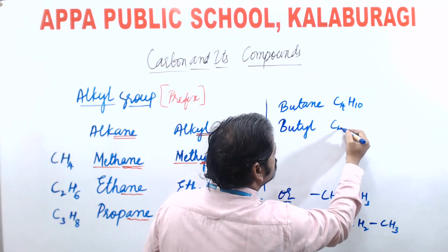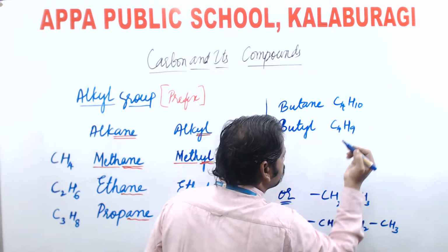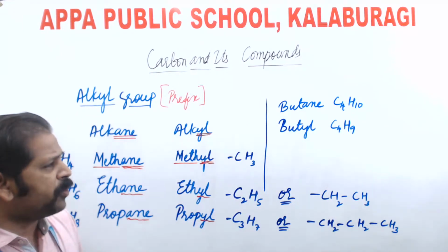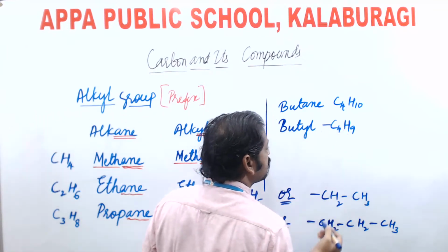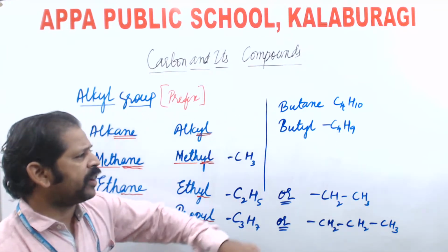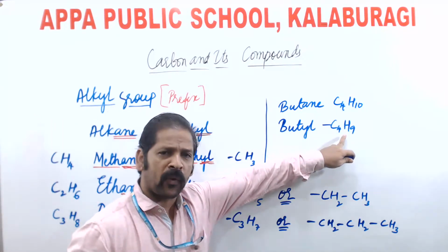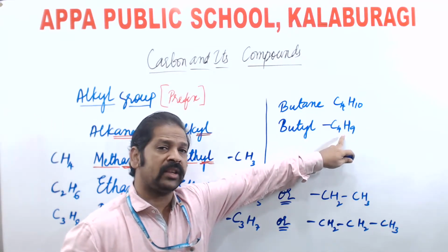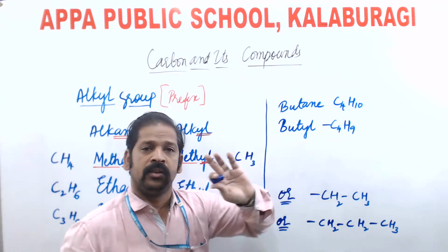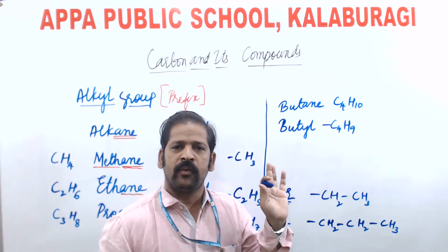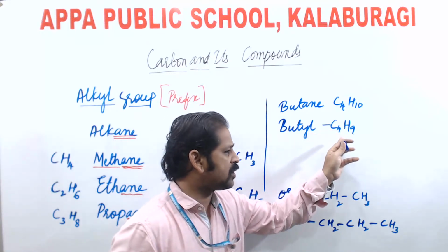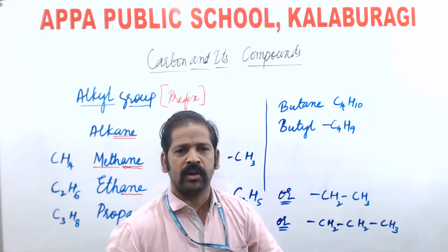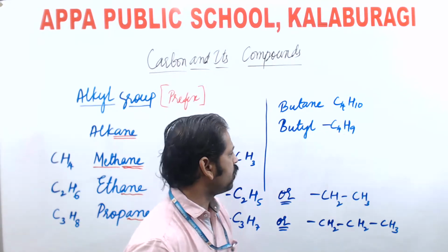Butyl is C4H9, and along with the bond, it should be bonded because it is a functional group. Just as there are functional groups like the prefixes called halides, fluoro, chloro, bromo, and iodo, even the butyl group is also a functional group.